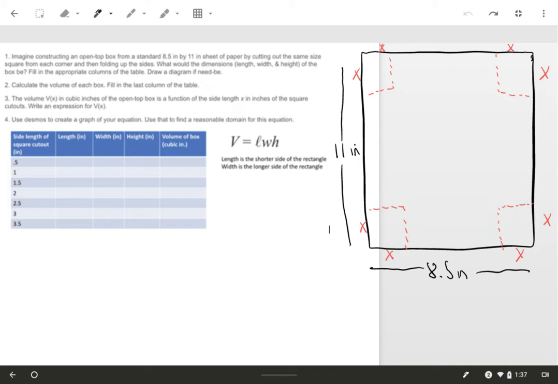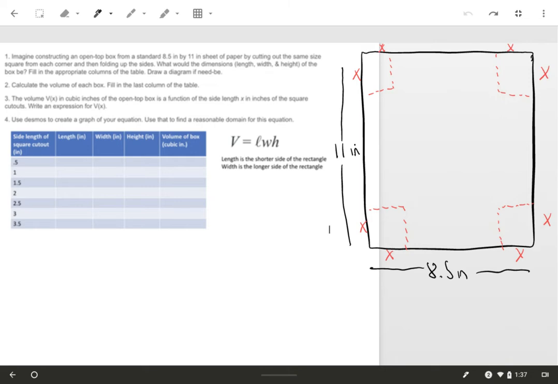So what this table is saying is if that square that I cut from each corner is a 1/2 inch by a 1/2 inch, what would the length be, the width be, so on and so forth? What if the square is 1 inch by 1 inch? So these X's are ones. What would the length, width, and the height be? How about 1.5? What if it's 1.5 inches by 1.5 inches? So on and so forth.